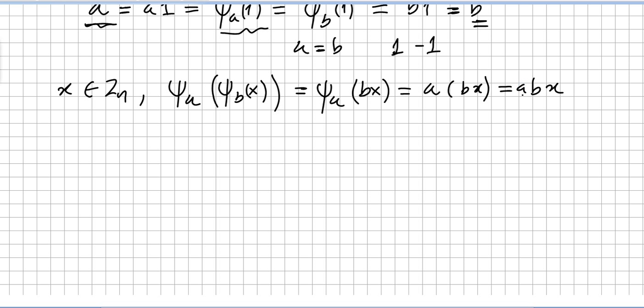But if you look well, abx is nothing else than psi ab of x, right?